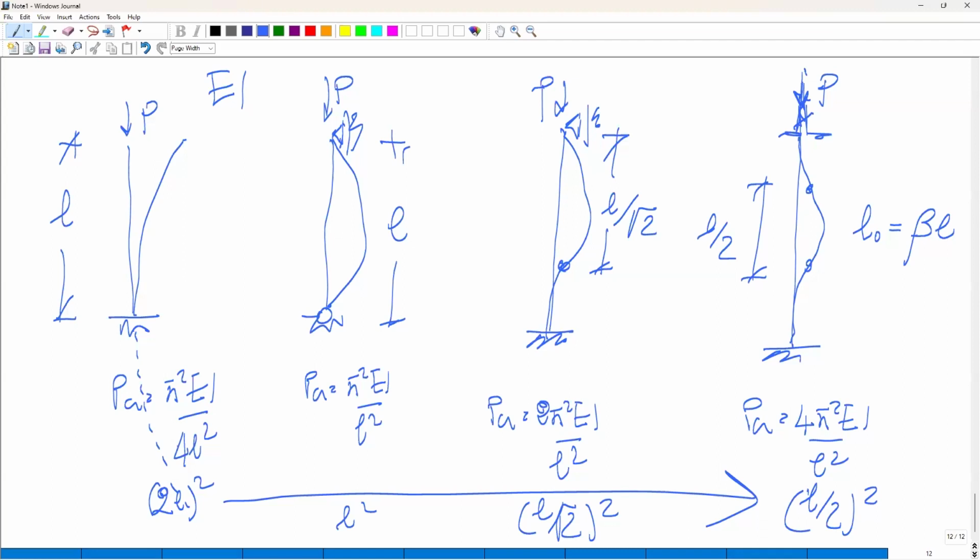Okay, but to increase the critical load by 2, you need to increase your stiffness by 2, which means that you have to increase one side of the cross section by 20% once more, because 1.2 to the cube is about 2.